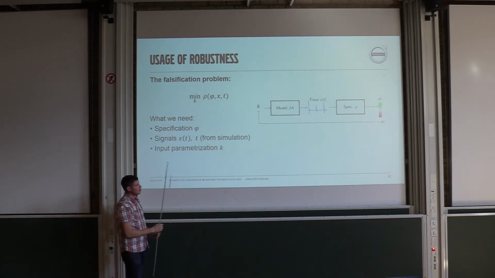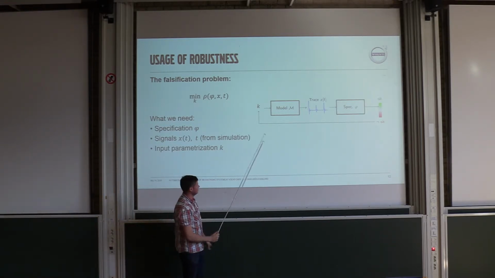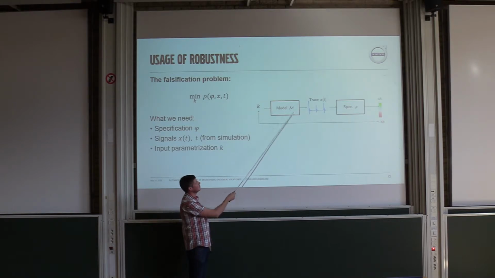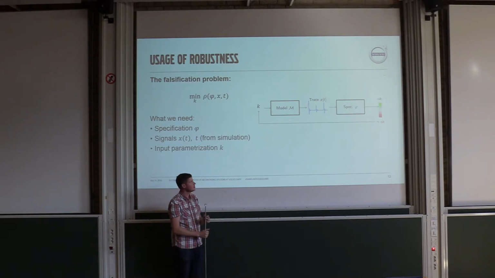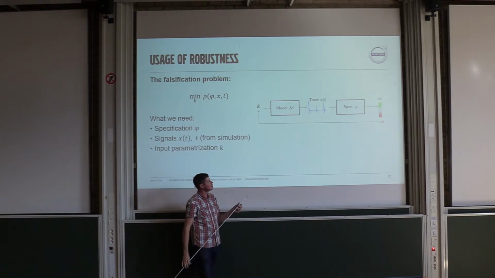But an overview of the problem is basically that we have our model here, and we have the k, which are the input parameters. Given the input parameters, we can generate a trace. So we generate a simulation, and then given our specification, we can calculate the robustness value from that.